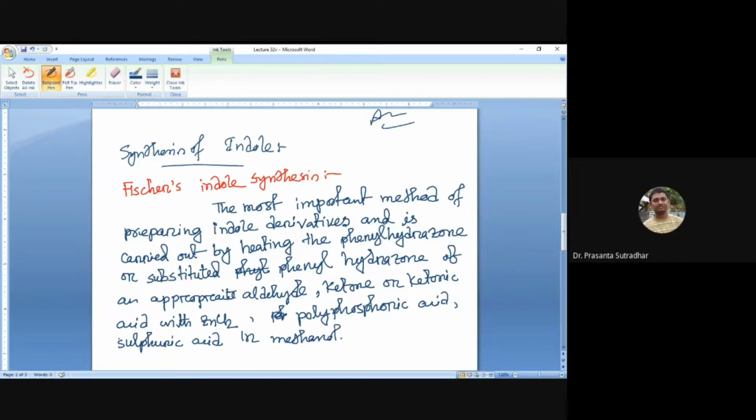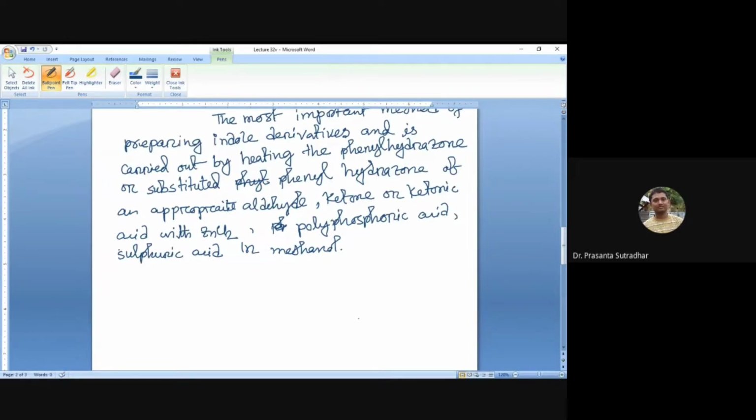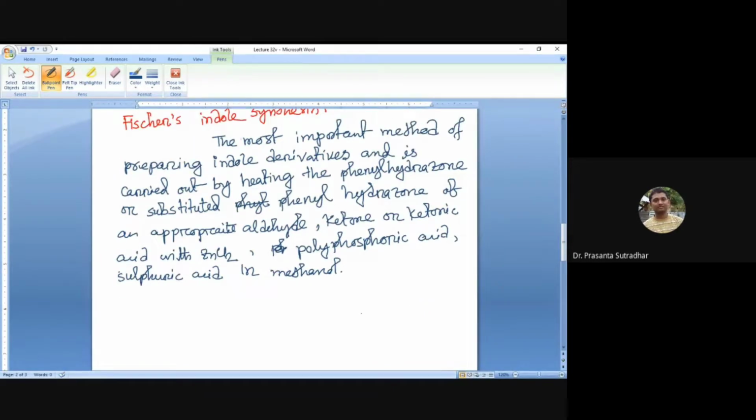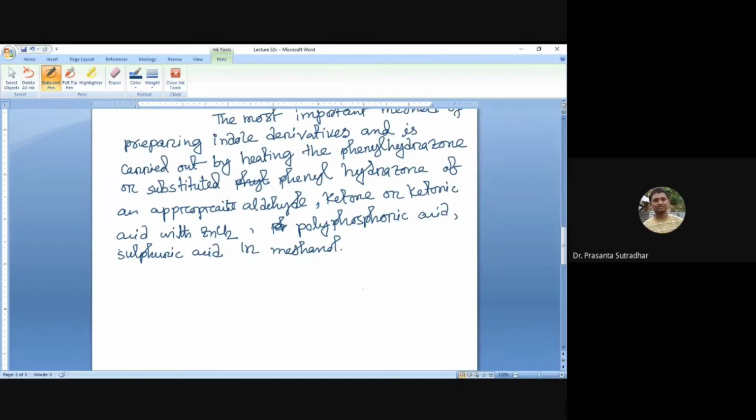Okay. Now I'm showing the reaction scheme. Phenylhydrazone, that is phenylhydrazine.